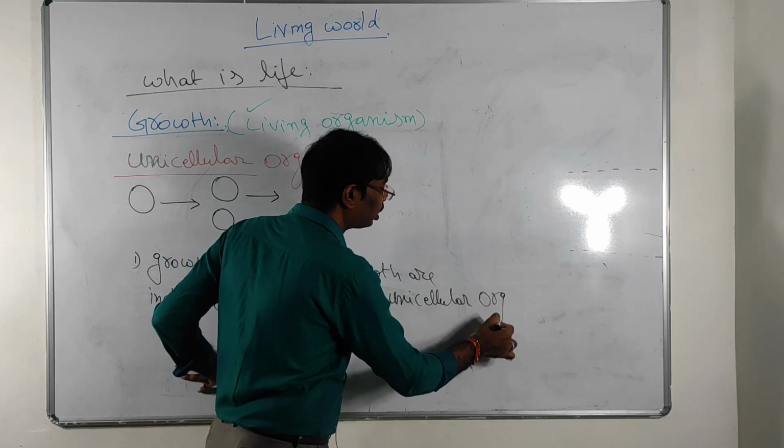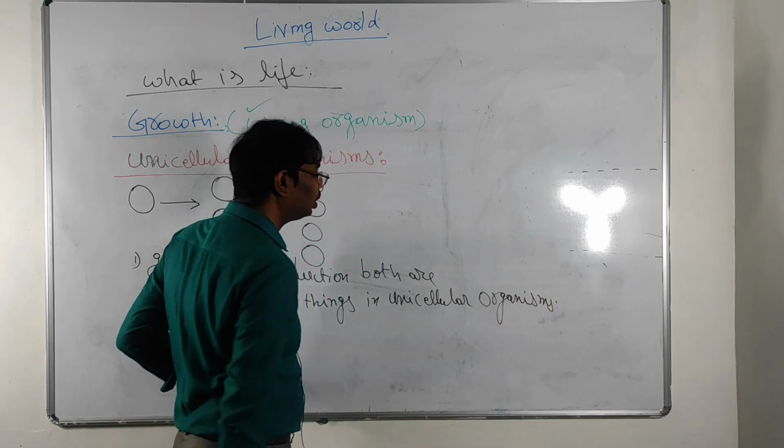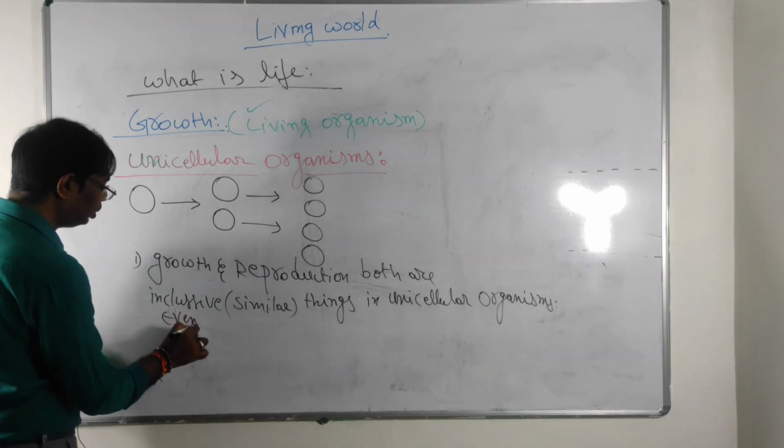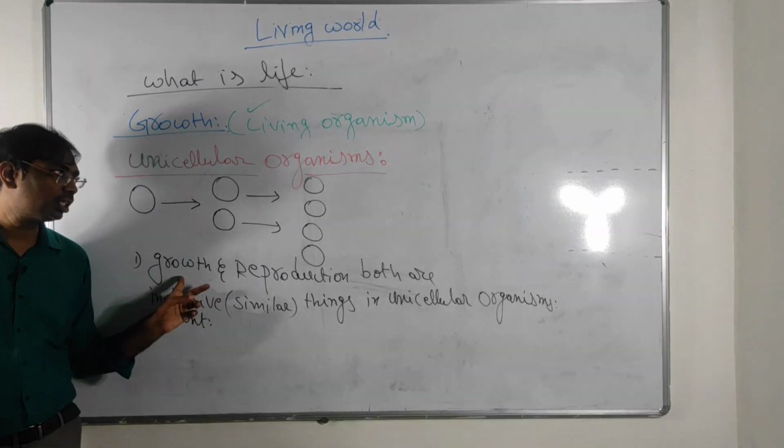So in unicellular organisms, growth and reproduction both are inclusive events. So we cannot differentiate growth and reproduction in unicellular organisms.